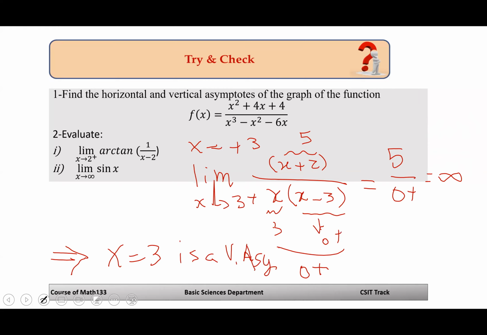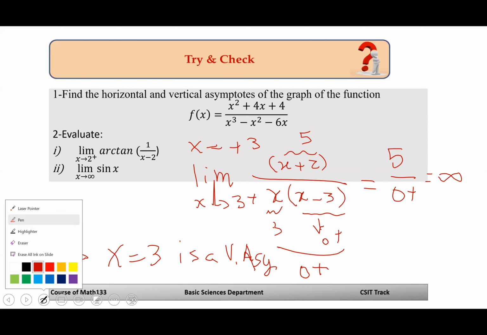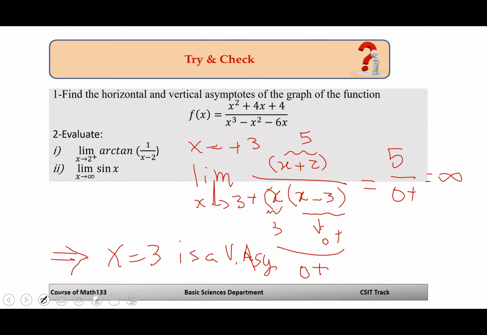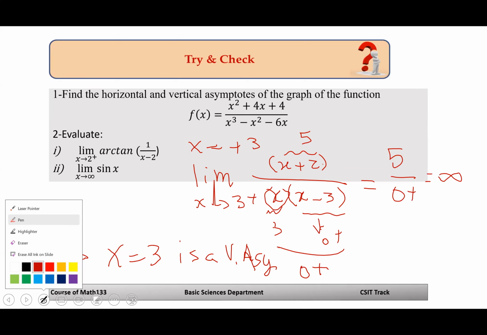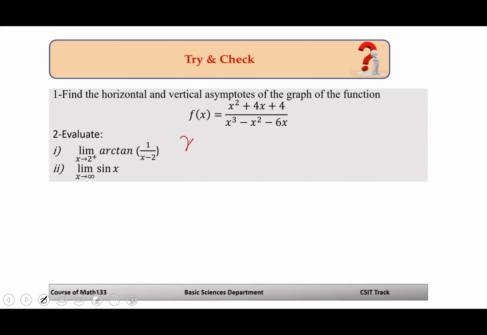Okay. In the same way, we will do it for x equal to 0, because you see here, when x approaches 0 plus, this is minus 3, this is 2, 2 over 0 minus, it will give minus infinity, so I will do it anyway. For x equal to 0, I have my limit as x approaches 0 plus. As I said, I cannot put 0 here because I will have a division by 0.